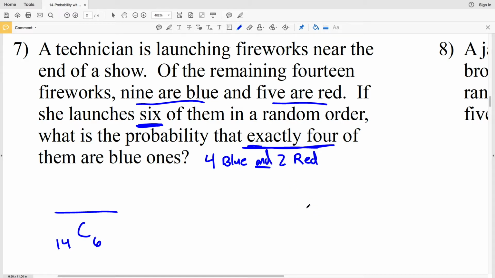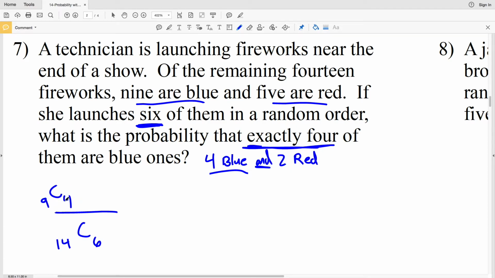So remembering our probability, the probability of A intersection B, or A and B, is the probability of A times the probability of B. So unlike the previous problems, such as number 5 and 6, where we were adding the combinations, now we're going to be multiplying. So the chance that we get blue, if there's 9 total, and we're looking at getting 4, that's going to be 9 choose 4.